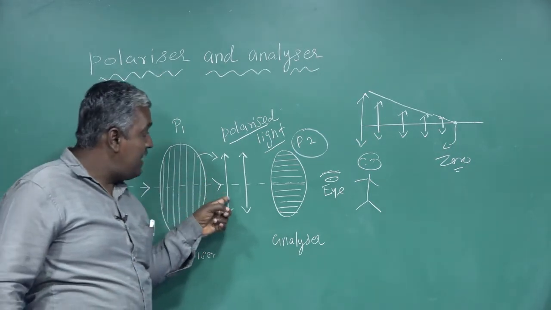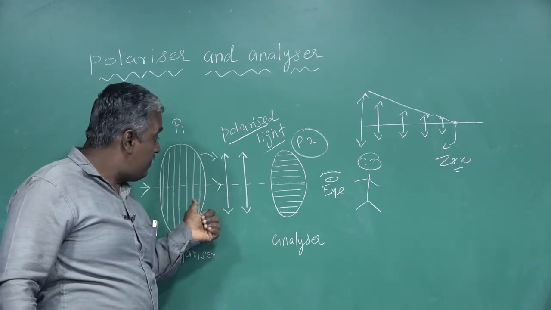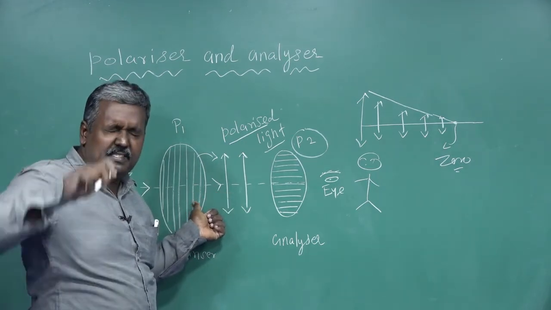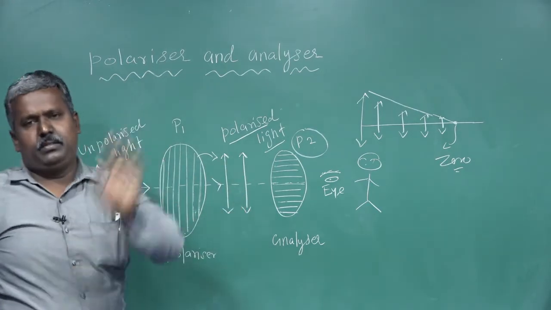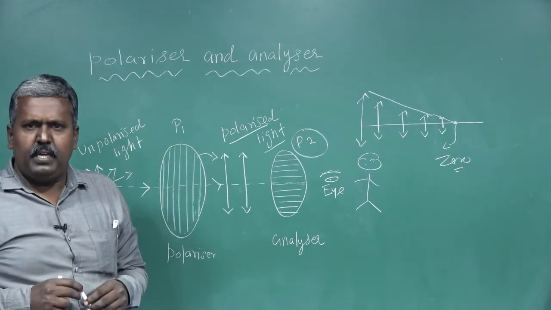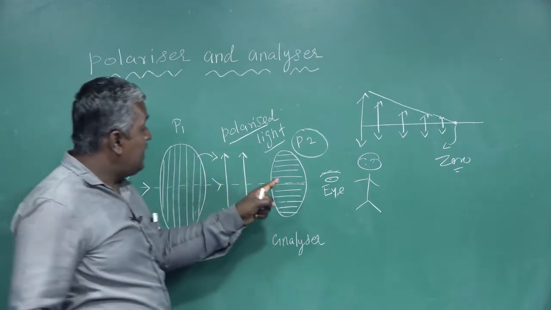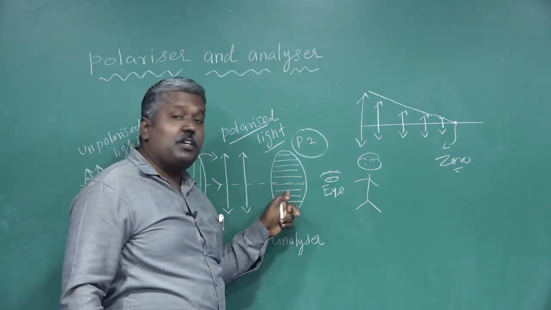So the light coming out from polarizer P1 is called plane polarized light. What will be the function of P2?